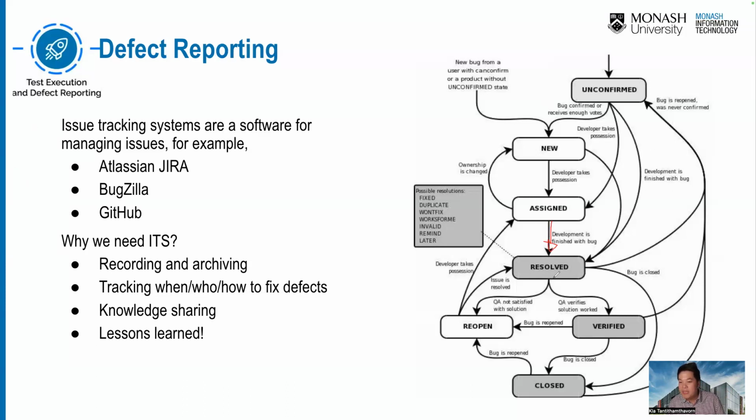There must be someone else, QA, to verify whether the bug is fixed or not. If not, the bug is reopened and goes back to the resolve part again, and they need to fix it. Once it is verified and everything is fixed, the bug can be closed. This is the life cycle.